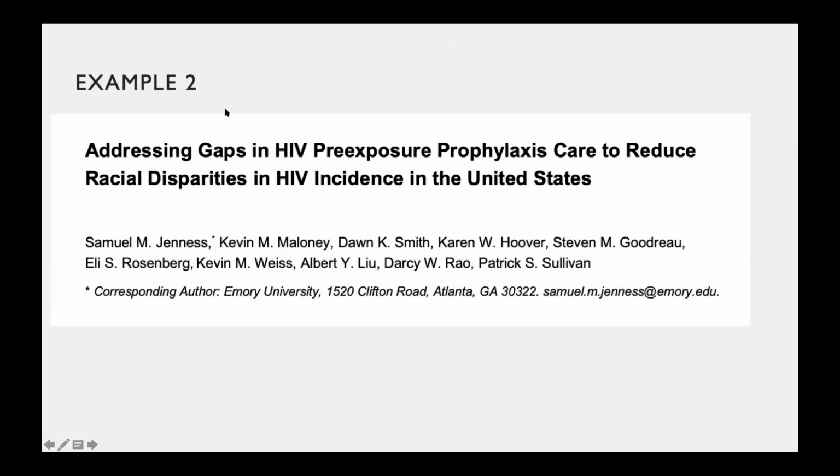So this article is from people at Emory. This was published in the American Journal of Epidemiology actually this year. And so this is addressing gaps in HIV pre-exposure prophylaxis care, so PrEP use, and reducing racial disparities in HIV incidence in the US.